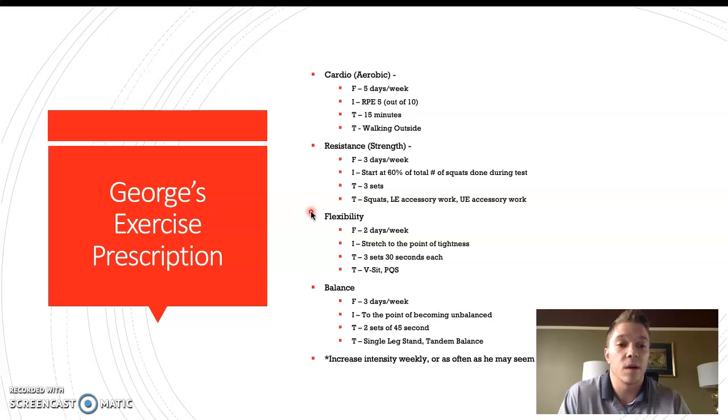We're going to start him at about 60% of the total number of squats that he did during his test. And he's going to do about 3 sets. For his flexibility, he's going to do the V-sit, posterior quad stretch, and that's going to be 2 days a week. And then his balance, he's going to do the single leg stand and tandem balance for 3 days a week. And you're going to increase the intensity weekly or as often as he may seem fit.